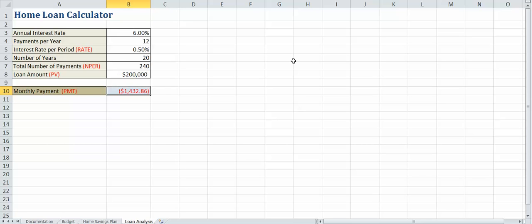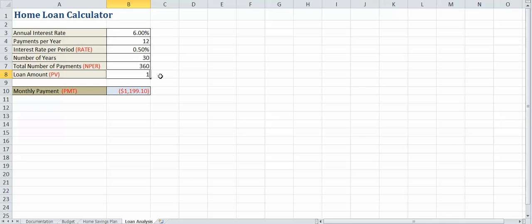Okay, so the nice thing about using this payment function is I can experiment with different loan terms. For example, what if I got a 30-year mortgage? And what if I borrowed less money?